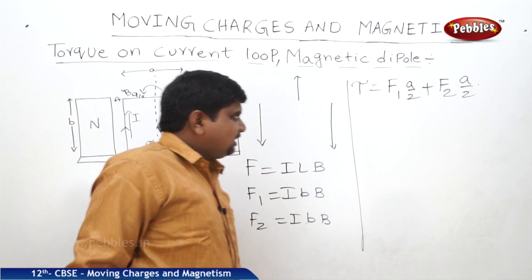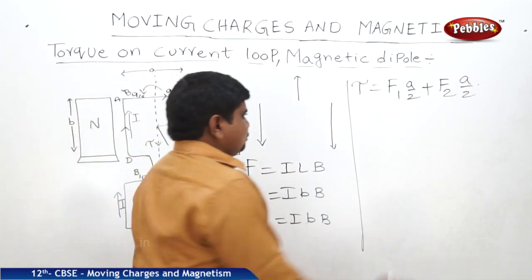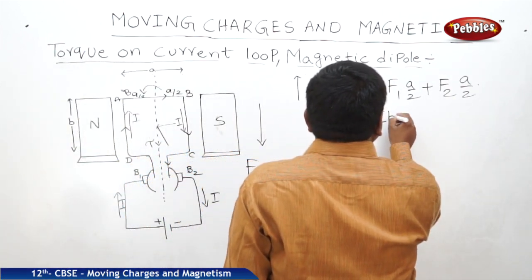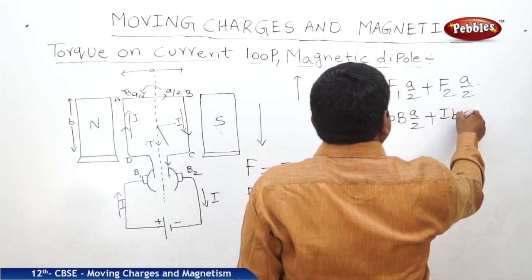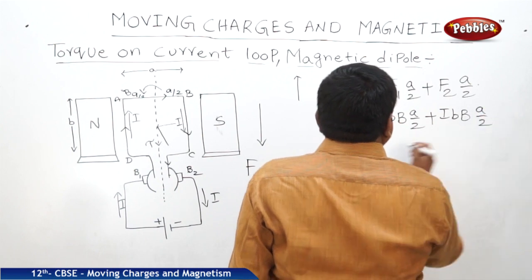So tau is equal to F1 A by 2 plus F2 A by 2. What is F1? IBB into A by 2 plus IBB into A by 2.